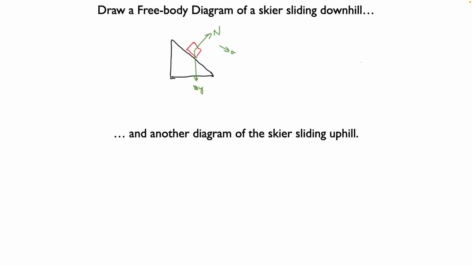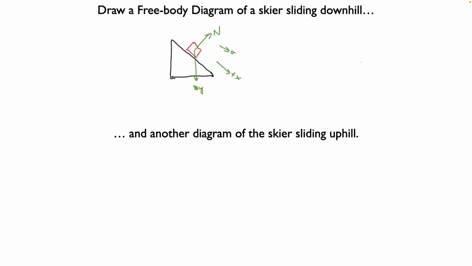So, using that rule of thumb, where we always put a positive direction, x or y, in the direction of acceleration, I'm going to make my positive x be down the slope, in the same direction as my acceleration. Now, I have to do positive y perpendicular to x. Cartesian coordinate system, right?